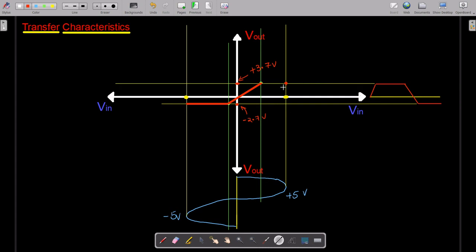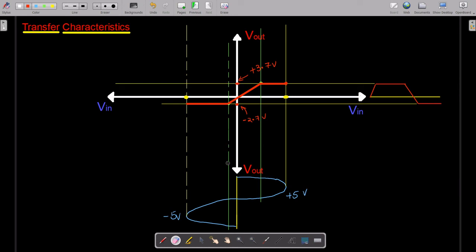And as the input waveform goes from plus 3.7 to plus 5 volts, it is getting clipped. Okay, it is getting clipped, as you can see, and this is how it will look in the transfer characteristic. Let me just show the projections with the help of dotted lines, otherwise this would be kind of chaos in between.